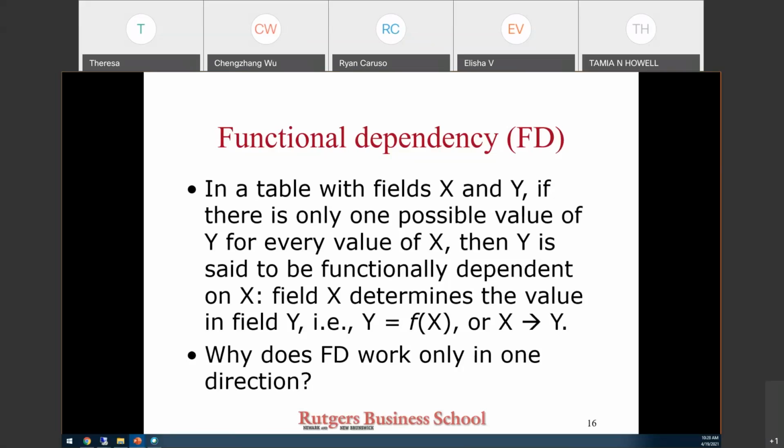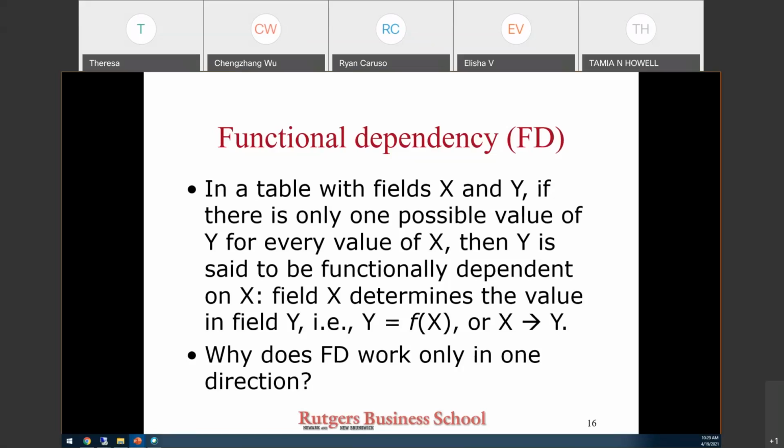For example, let's assume in a table containing data about the students, for every instance of the student ID number field, there would be exactly one name.